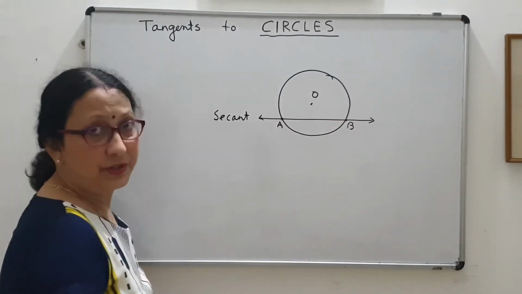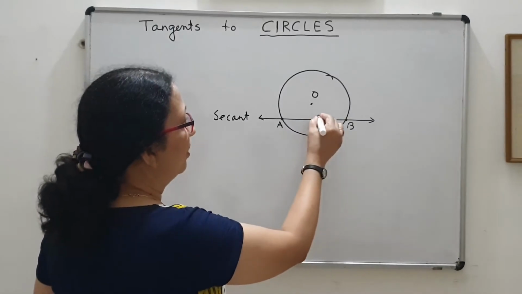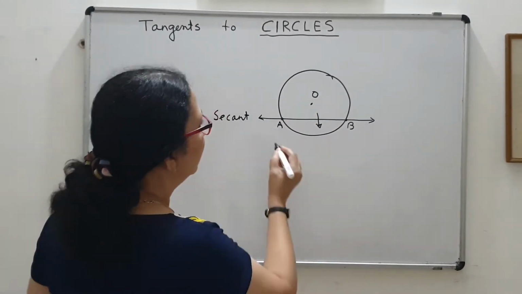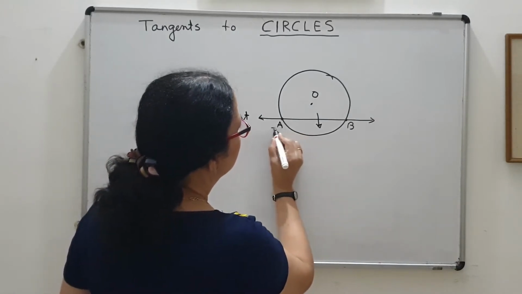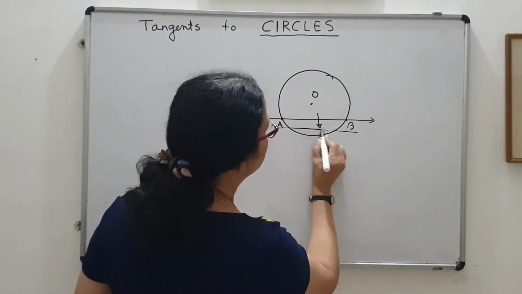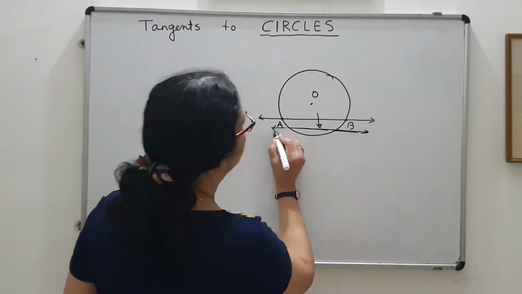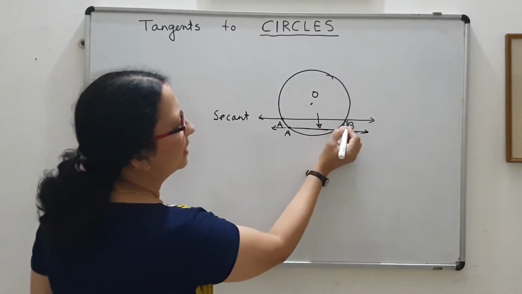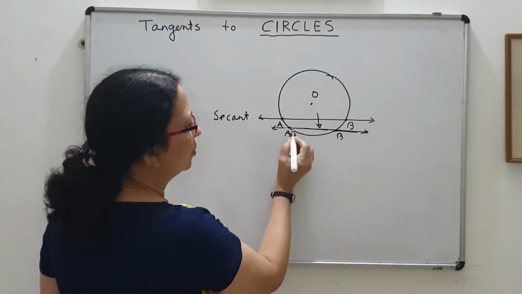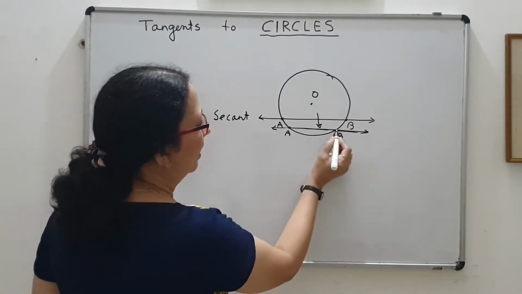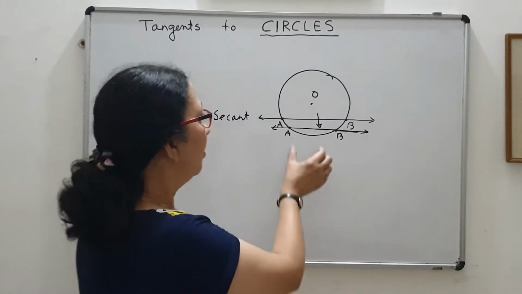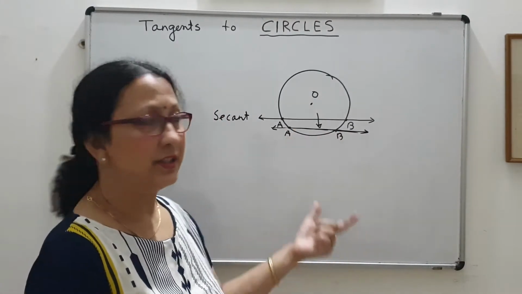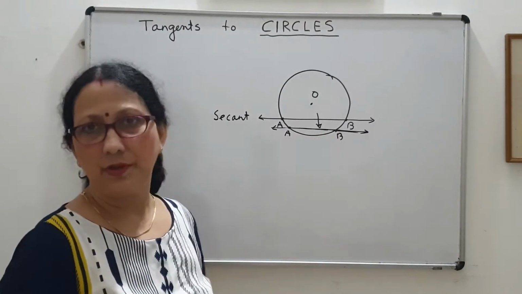And suppose now the secant is moving downwards horizontally, then what will happen? Suppose this is moved down to this place, so that A has moved to this point and B has moved down to this point, so that the length AB of the chord, or the distance between the 2 points of intersection, is now reduced.